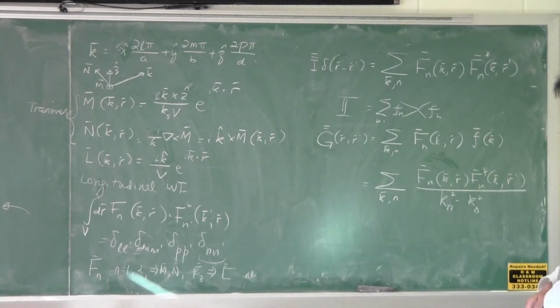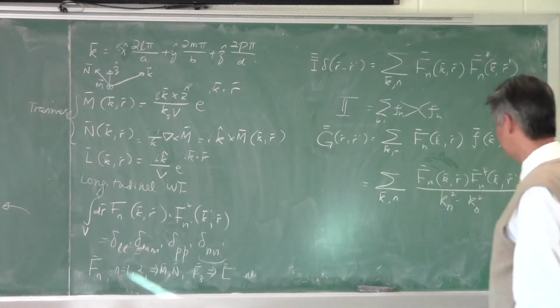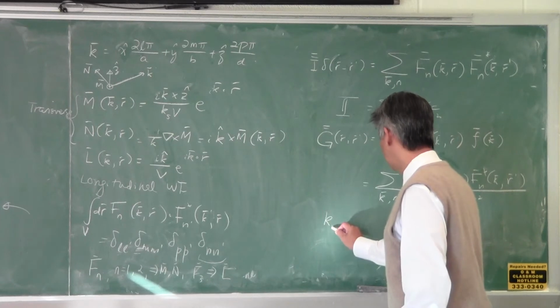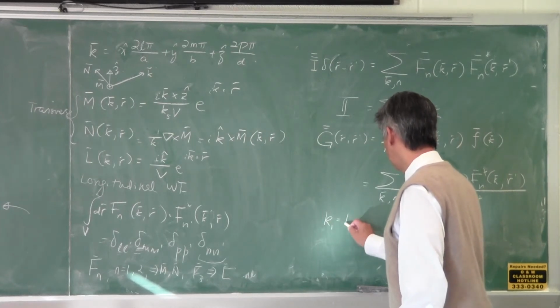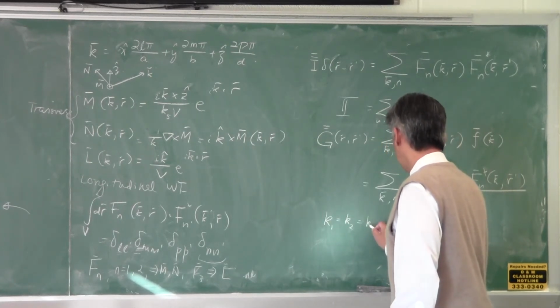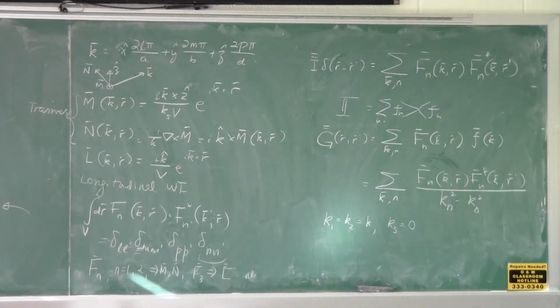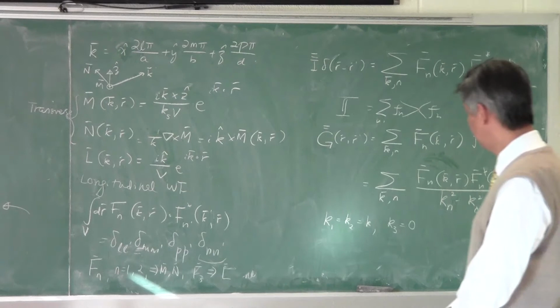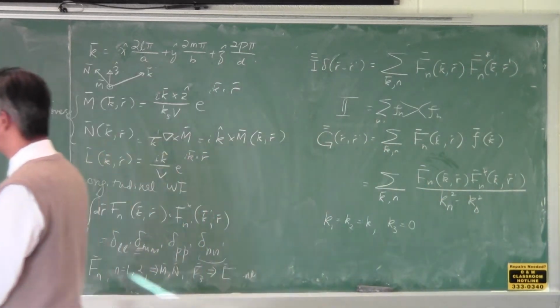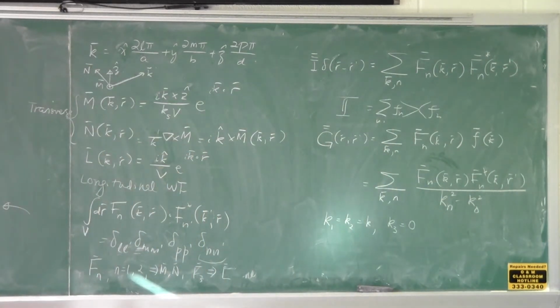Okay, so this is the generalized way to write the direct Green's functions, where k1 equal to k2 equal to k, k3 equal to 0. k1 and k2 are the eigenvalues that correspond to the transverse modes.